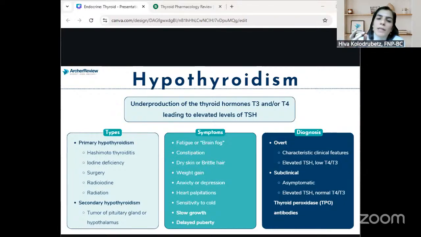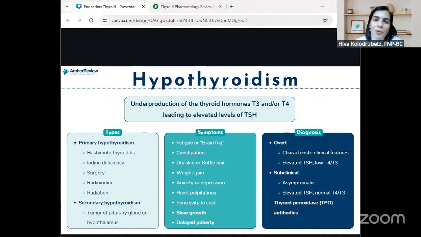This is really subclinical. I see a lot of endocrinologists checking for thyroid peroxidase antibodies if they have a family history, if they have some vague symptoms, the TSH level is a little bit elevated, they're in that subclinical stage. I have seen some endocrinologists treat to see if the symptoms would improve. Oftentimes it does not change their symptoms.